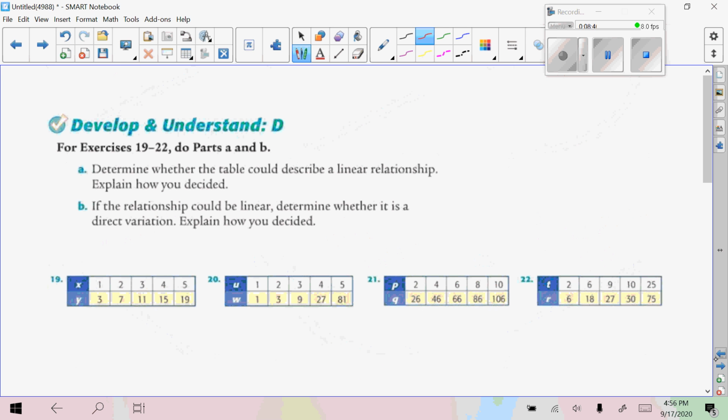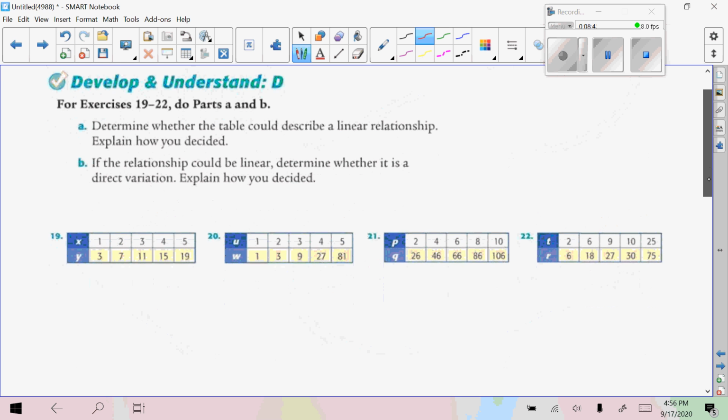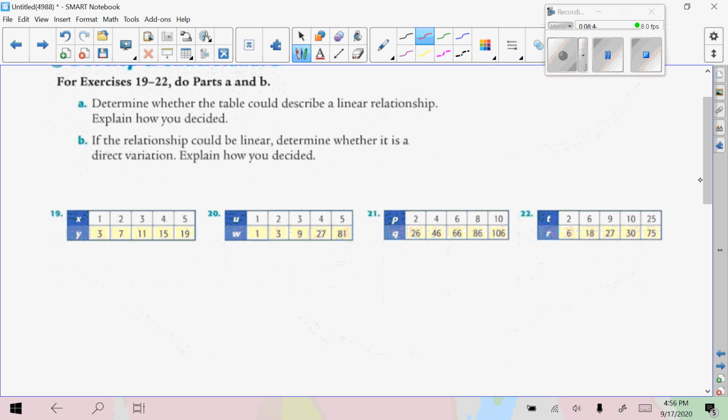The next thing we're going to do is try to tell whether it's linear or not by the table. Now, if it started at 0, 0 and the numbers went up by the same amount, you could say it's a direct variation, but we don't see the 0 in them. So we're going to have to do the proportional thing. So here's what you're going to do. You're going to check y divided by x, which in this first one would be 3 over 1, 7 over 2, 11 over 3, 15 over 4.